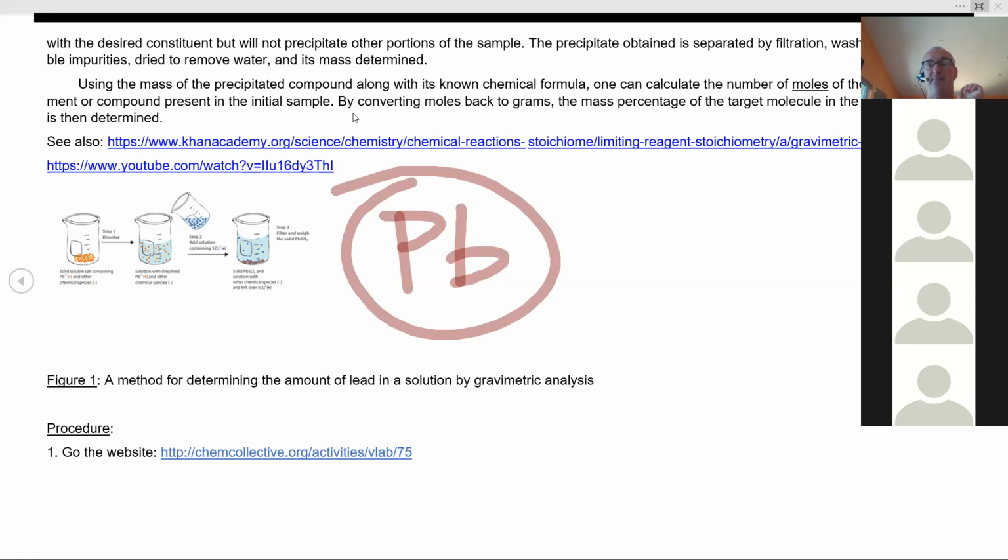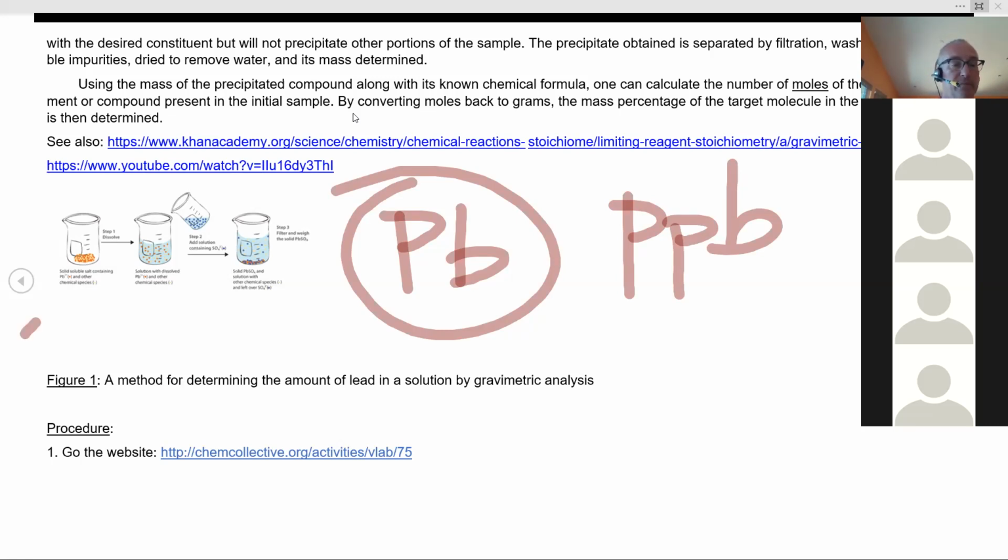And so we need to be able to measure lead at a really dilute concentration, basically parts per billion, because it's so toxic. So this is an assay for the presence of lead.